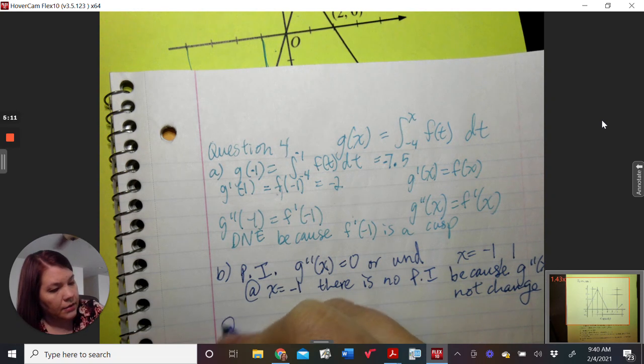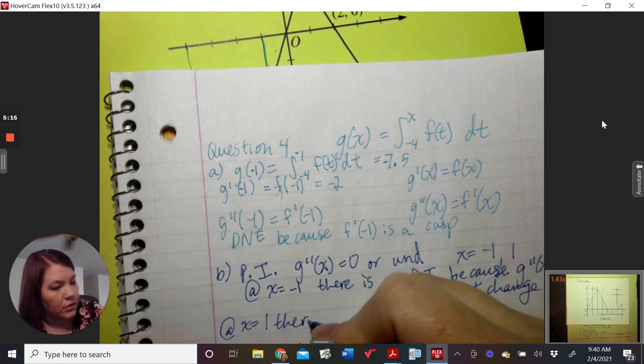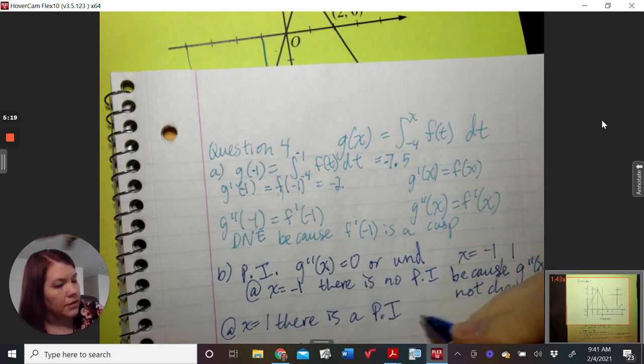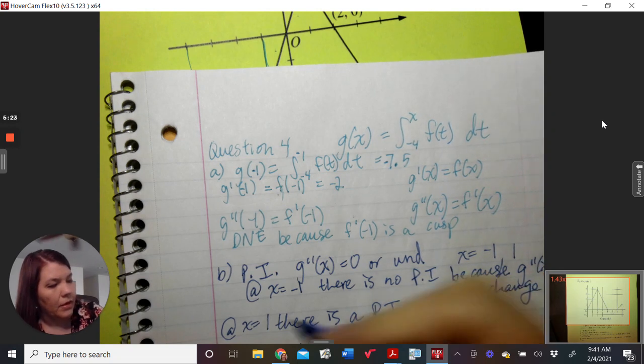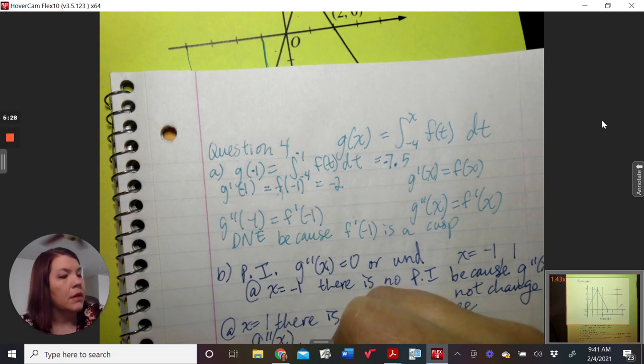At x equals 1, there is a point of inflection, because g prime of x is positive.